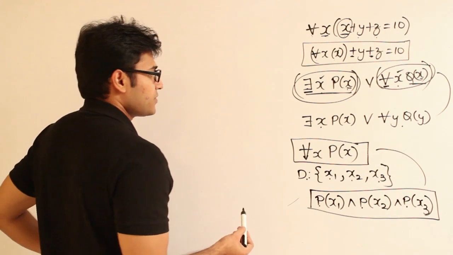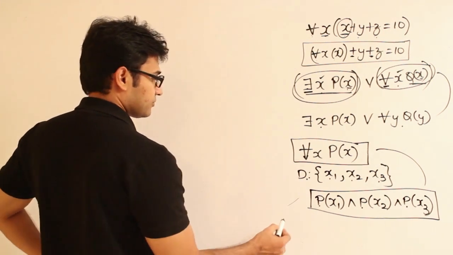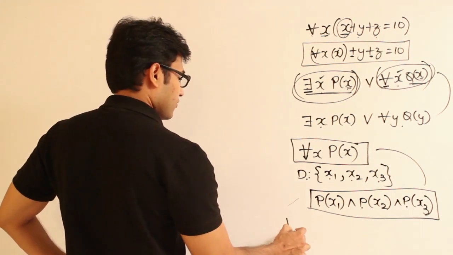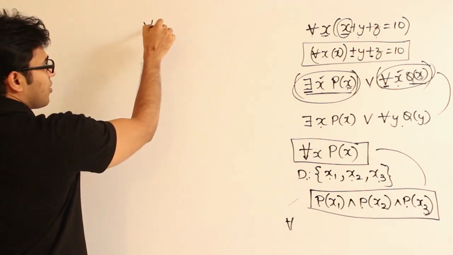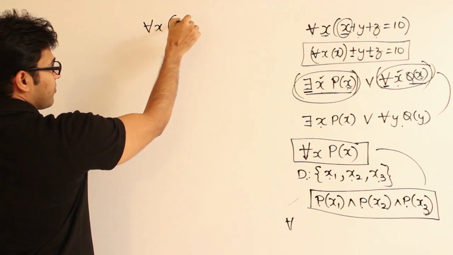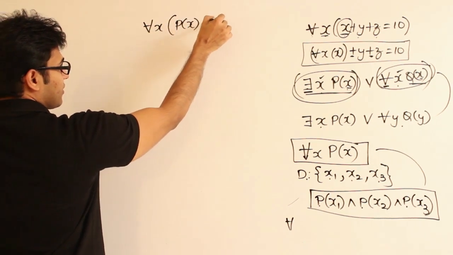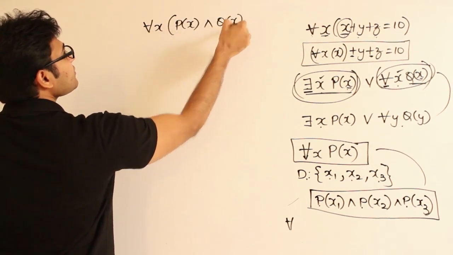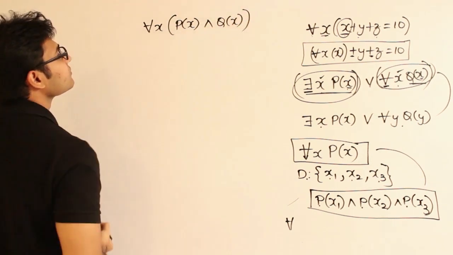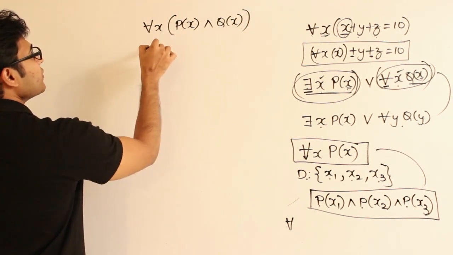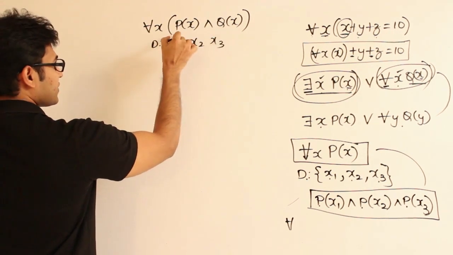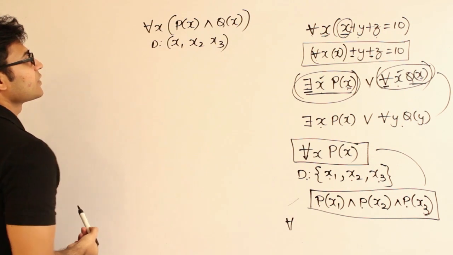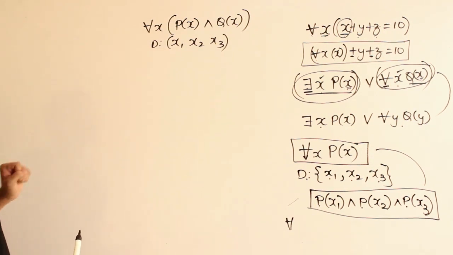Now if I have something like this, for all x, p of x and q of x, let us say the domain is x1, x2, x3, right? Now what is the meaning of this one?